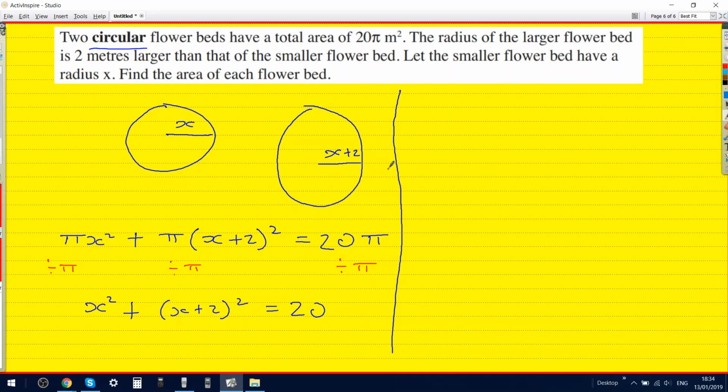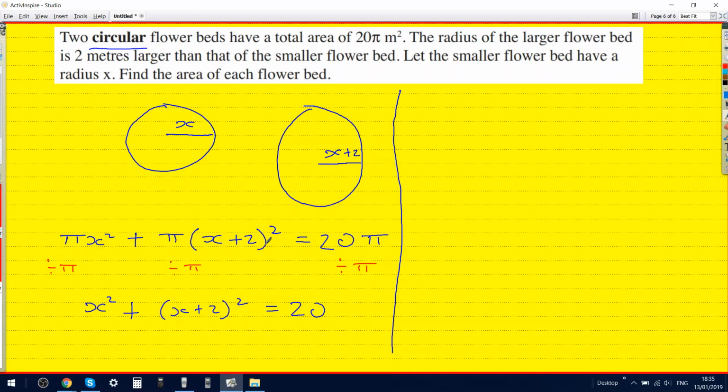Sorry, so what do I do now? So now try to solve it. I'd probably want to find what x plus 2 squared is. Yeah. Right.